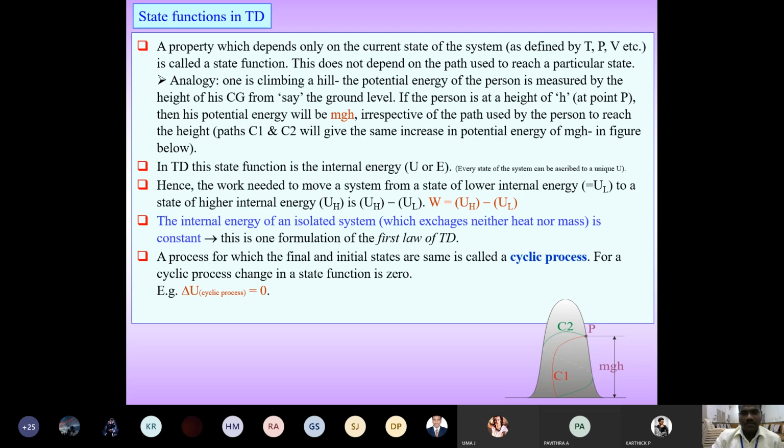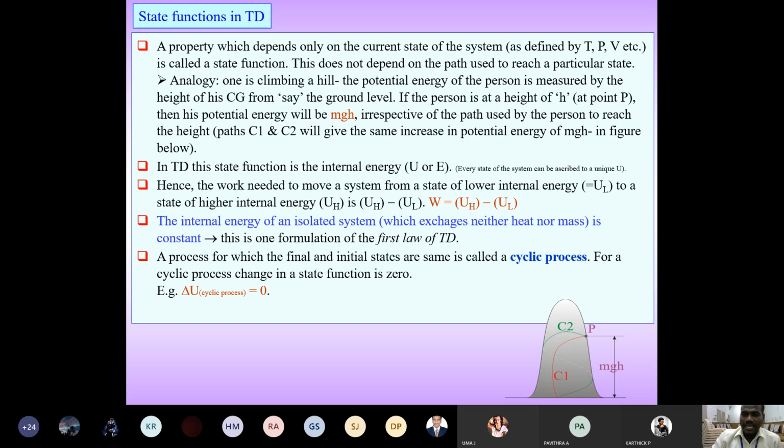The process for which the final and initial states are the same is called a cyclic process. A cyclic process is a repeated one. If the states differ, so the final state and initial state may differ, that is a process.